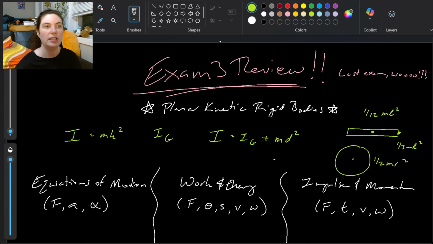Right, so these are really your main moment of inertia equations to remember, understand the different moment of inertias, whether you're taking it at a different point, because they play a role in every single approach that you're going to do in every single problem in planar kinetics pretty much. Moment of inertia is involved in all of them. So if you don't have your moment of inertia down, it's really, really going to hurt you in these problems.